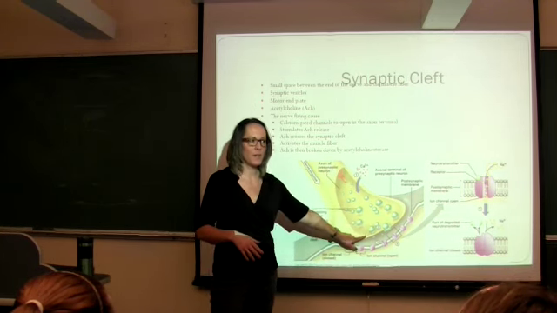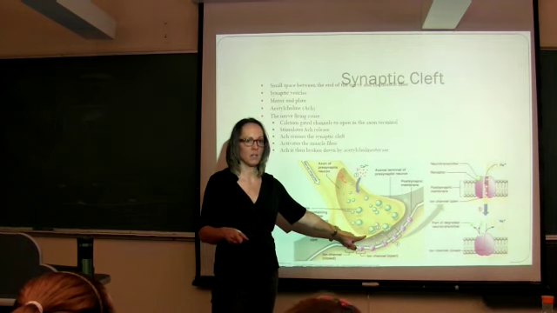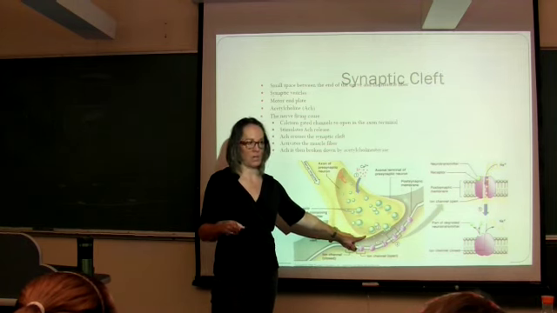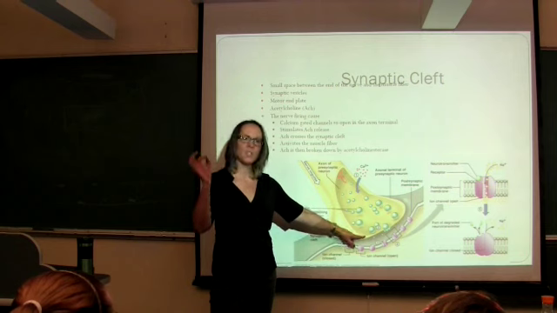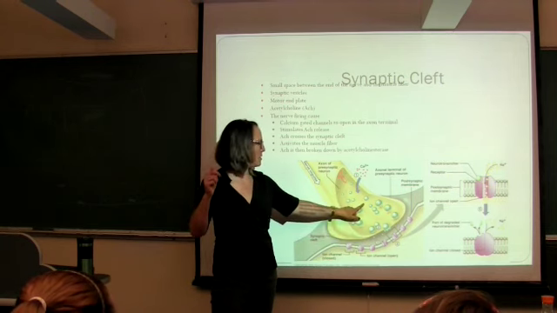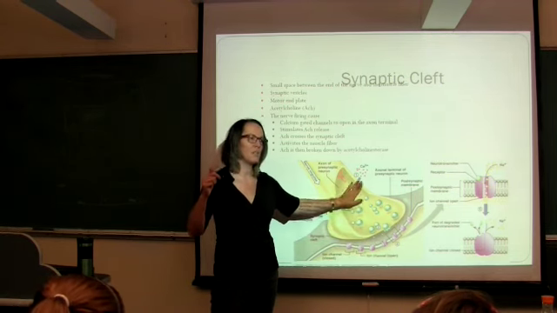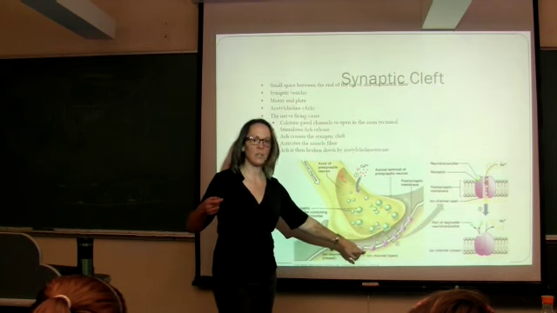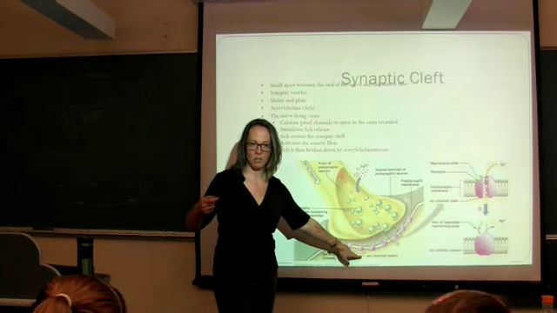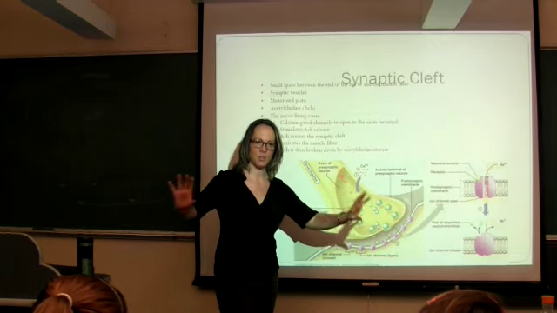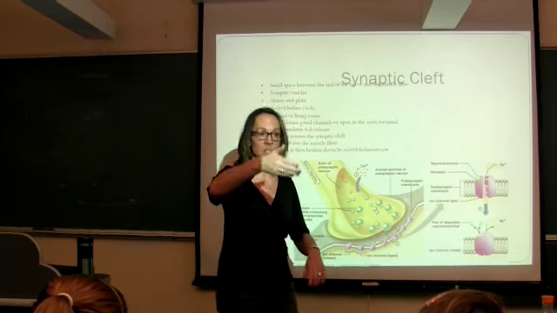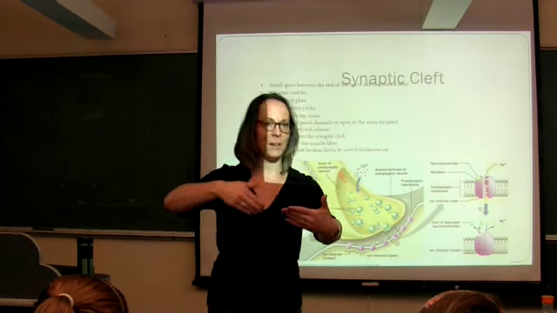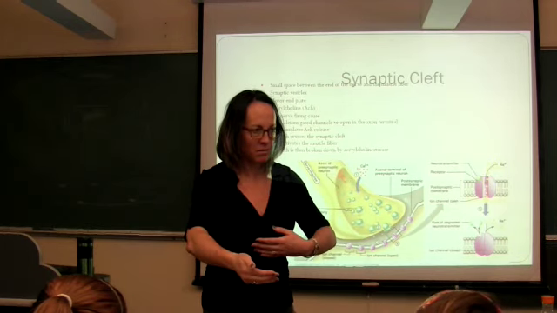We release what into this synaptic cleft? Acetylcholine, you could say a neurotransmitter, specifically acetylcholine. Calcium is going to be in these little vesicles here. That'll trigger the release of the acetylcholine. Acetylcholine will attach to the muscle and tell that muscle to perform an action potential. So basically we have action potential, neurotransmitter, action potential.